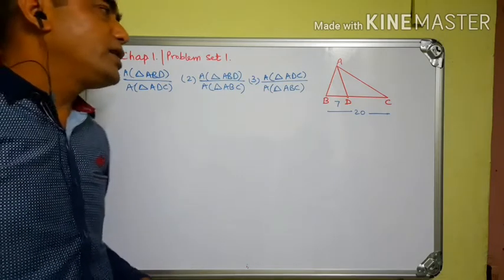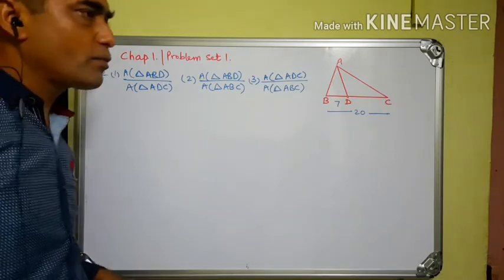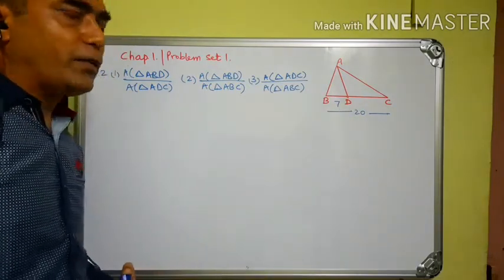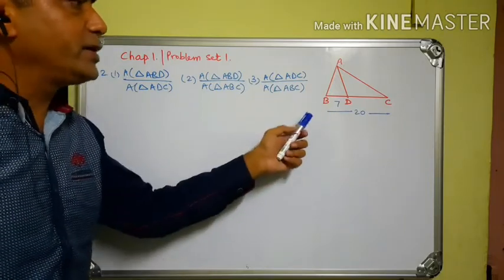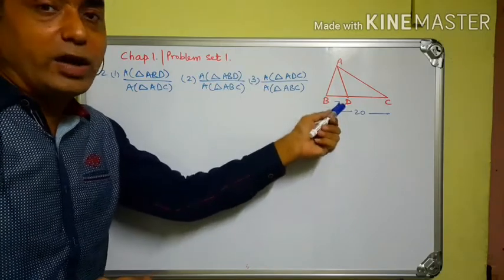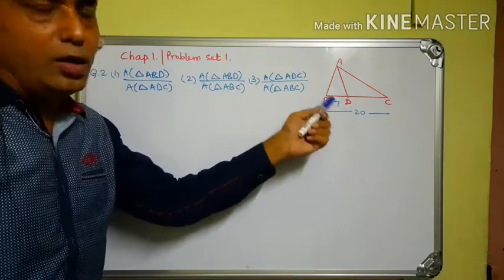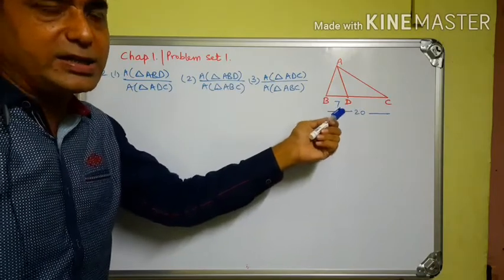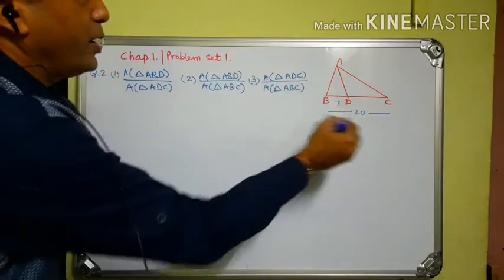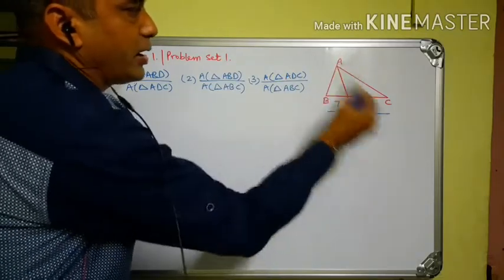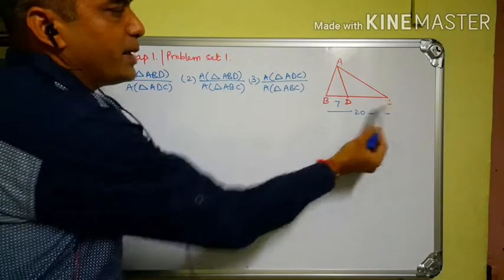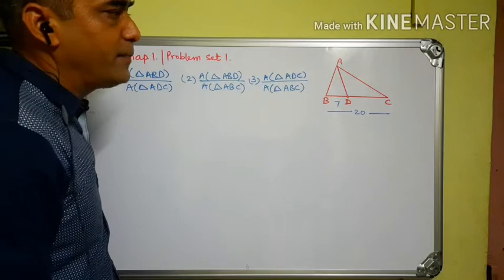Now we will think how to find these ratios. You know about the triangles. For finding the ratio we will think about what the condition is, whether the bases are equal or the heights are equal. So we can see these three triangles, triangle ABD, triangle ADC and triangle ABC, all have the common vertex point A and their bases are collinear, they lie on the same line.